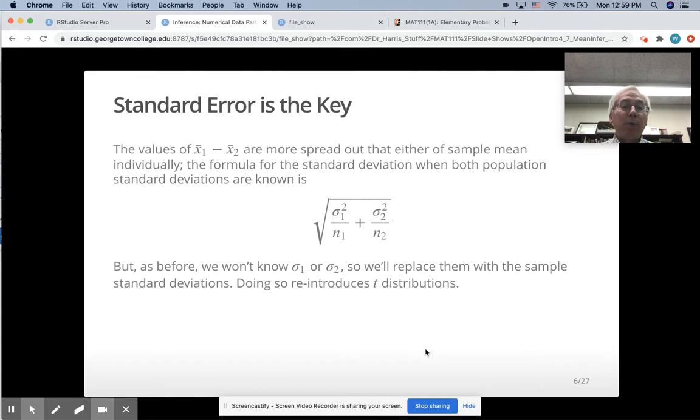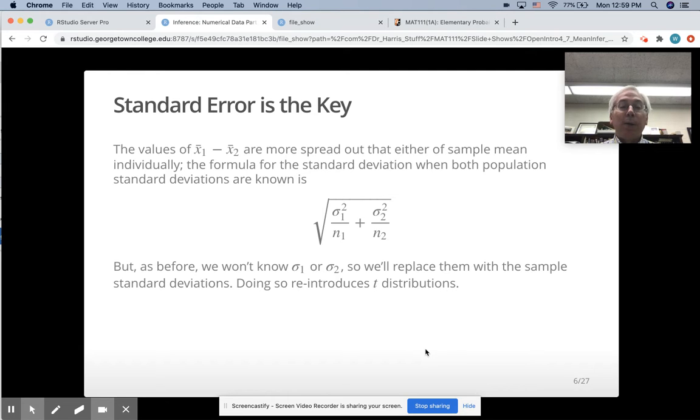We know that sigma over the square root of n is the standard deviation for the distribution of x bar when our conditions are met. And so sigma 1 squared over n1 would be what would be underneath the radical if I chose to move that sigma underneath the radical.